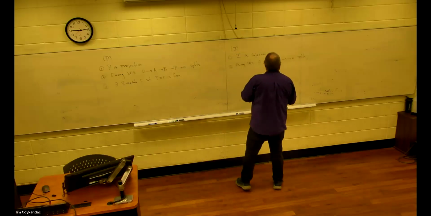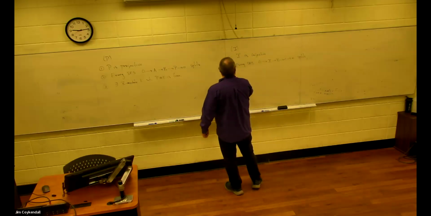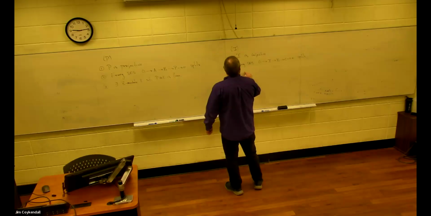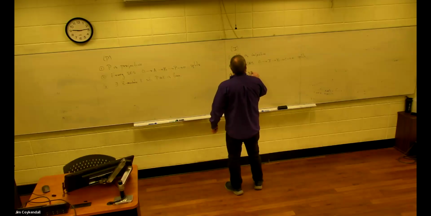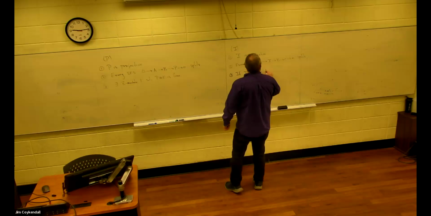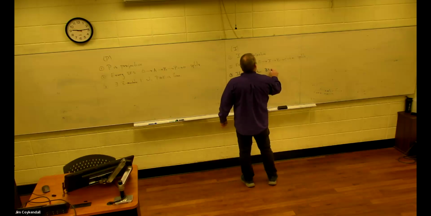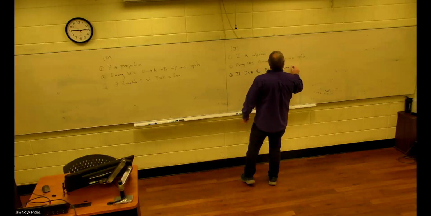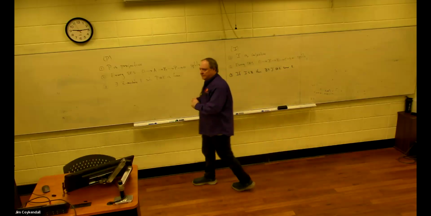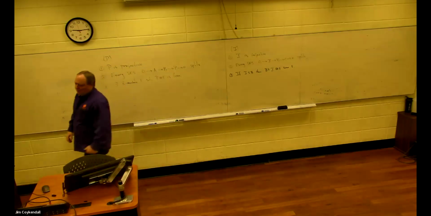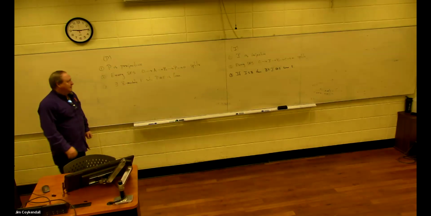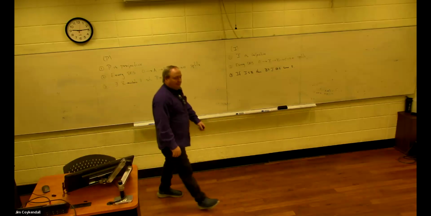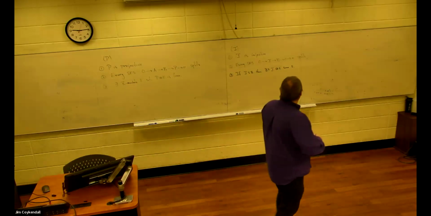And finally, if I is contained in B, then B is I direct sum K for some K. So it's a direct summand of any module which is a submodule.